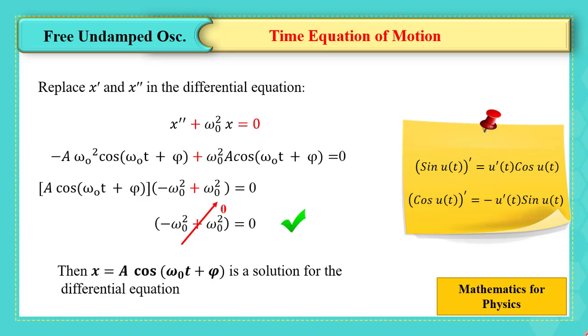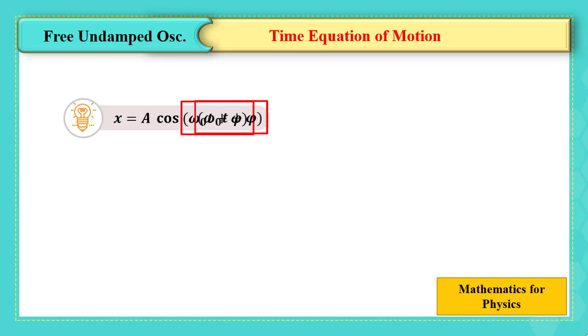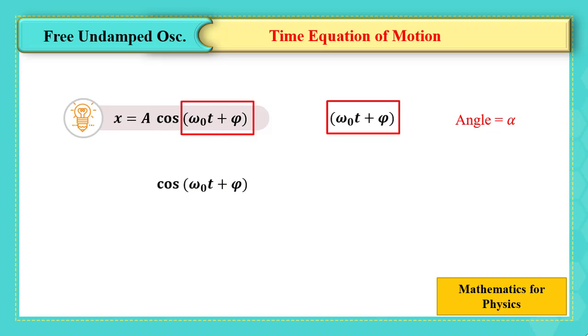It's okay that we have verified that this is a solution, but how can we understand this time equation? First, we should recognize that omega 0 t plus phi represents the angle for cosine in this equation, and remember that cosine varies between -1 and +1.